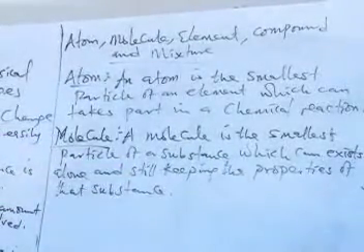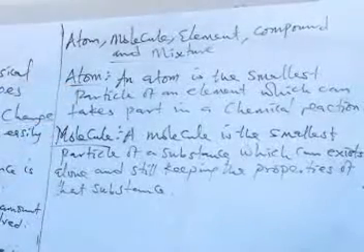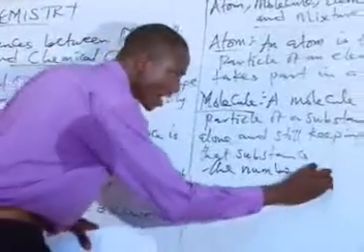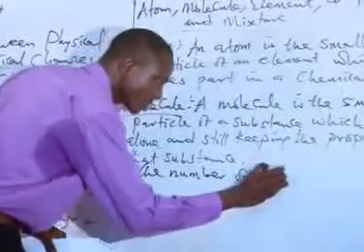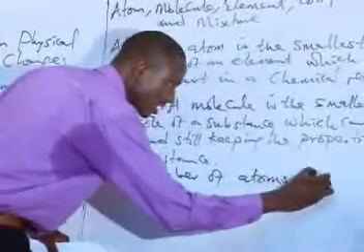So there is a relationship between an atom and a molecule, and that relationship is what we call atomicity. Atomicity by definition means the number of atoms in a molecule.